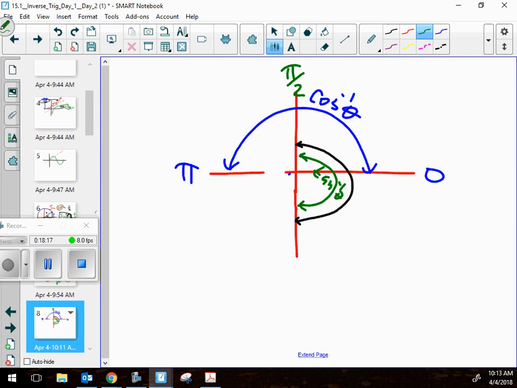And then would you agree that normally it'd be 3 pi over 2 down here? But for just a moment, remember that you could do it with a negative. I don't know if you remember this, but you could also say that that is the spot negative pi over 2, right? Okay, so that's the way we do it in inverse trig. We call that spot negative pi over 2.